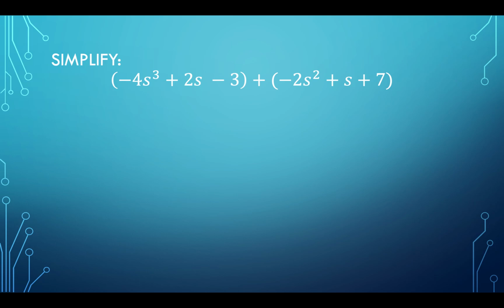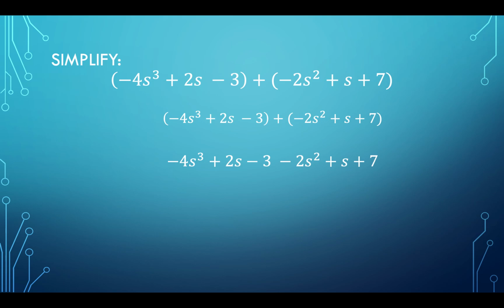Now I'd like to write this all out without the parentheses around them. When it's plus, we don't have to worry about distributing a negative to each and every term in that second set of parentheses. We wouldn't have to change the symbols because it's a plus.